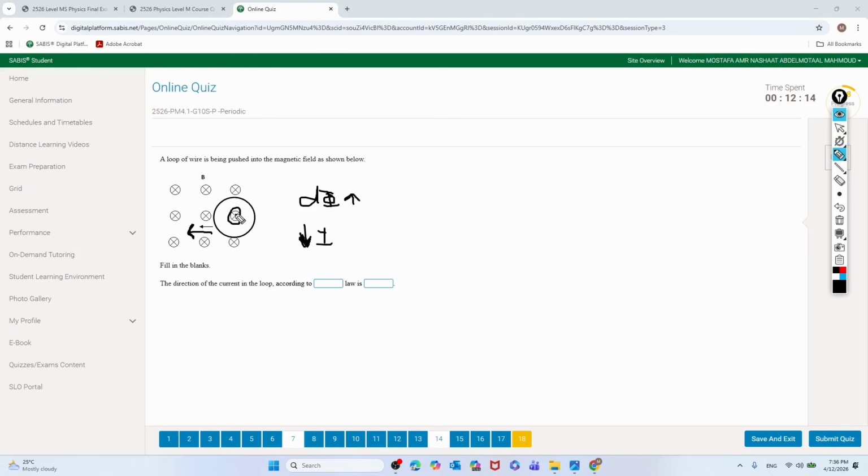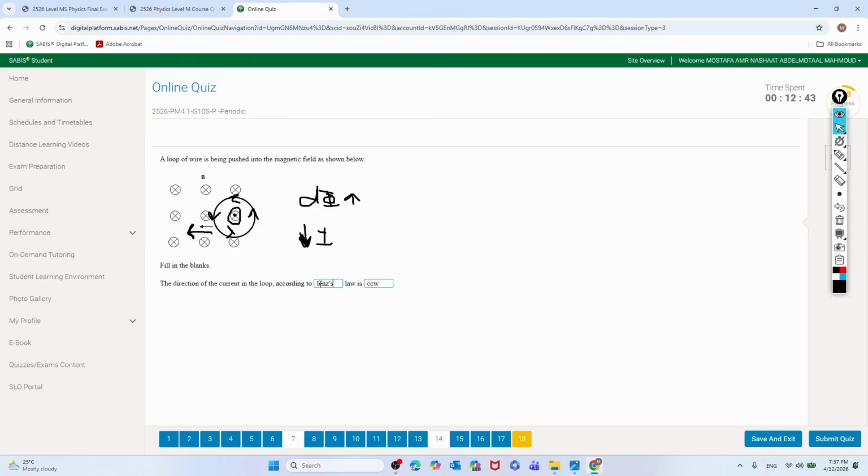So point your thumb towards you, because that's where the generated magnetic field is going. And then curl your fingers. Your fingers are going to go like this. Right hand rule. So this is going counterclockwise according to Lenz's law.